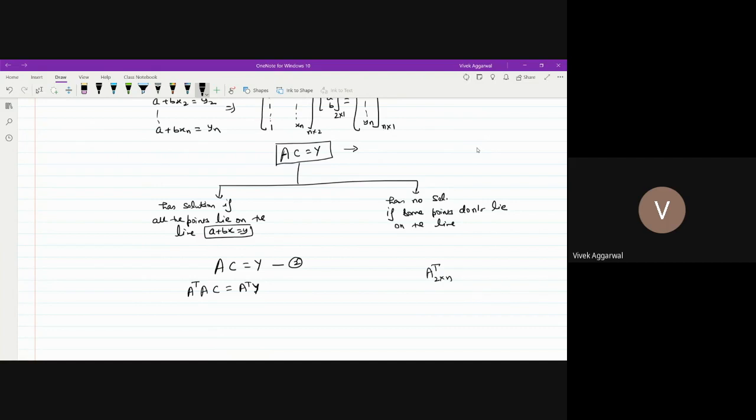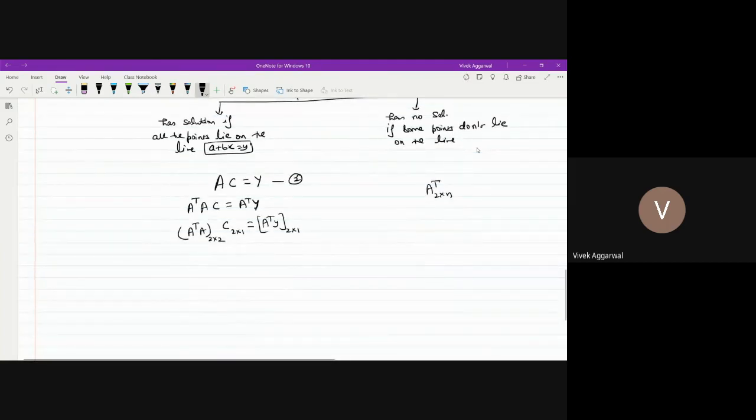So the matrix A transpose A will be a 2 cross 2 matrix, c is the same 2 cross 1, and on the right hand side we get the vector A transpose y, which is 2 cross n times n cross 1, so it is 2 cross 1. So this matrix is a 2 cross 2 matrix.